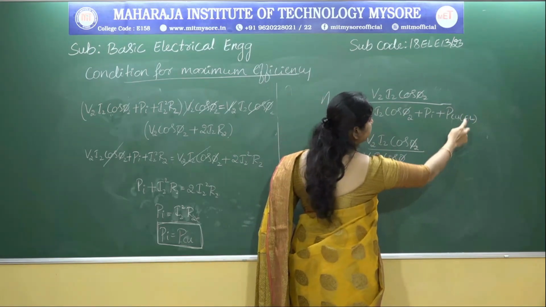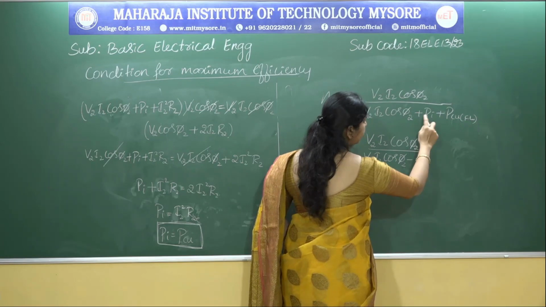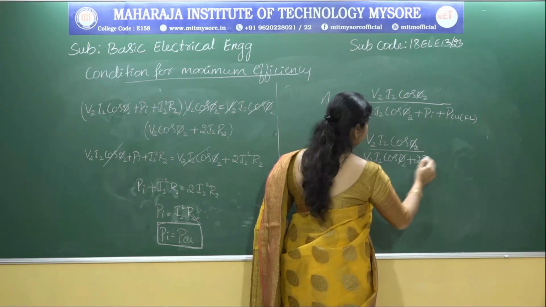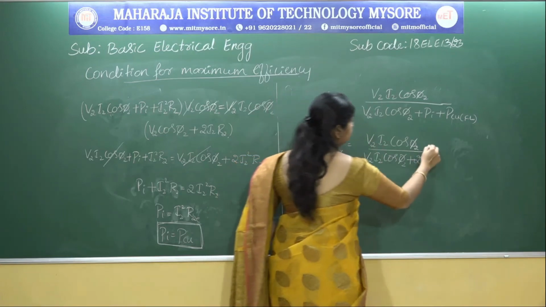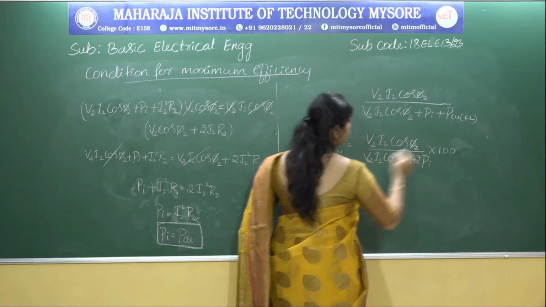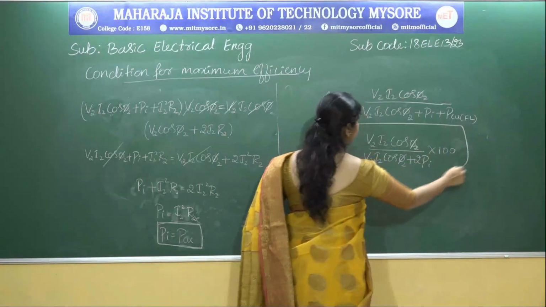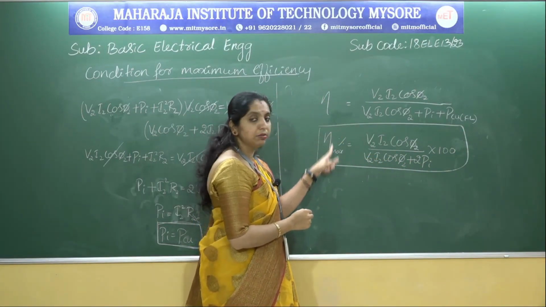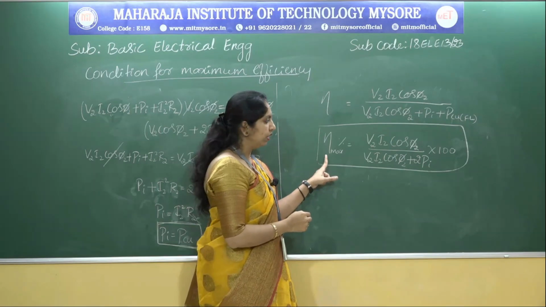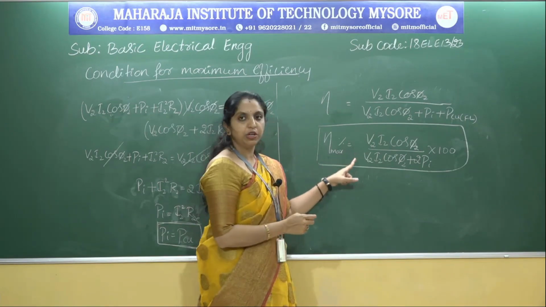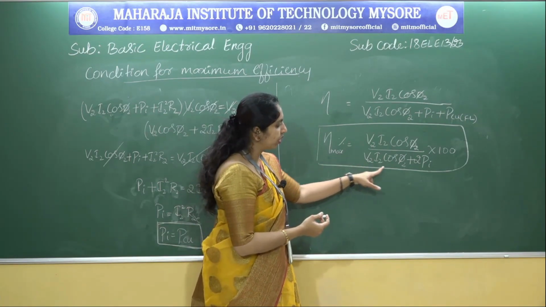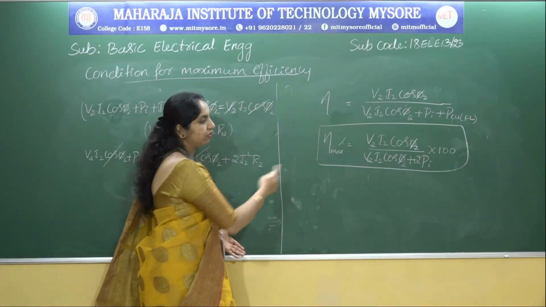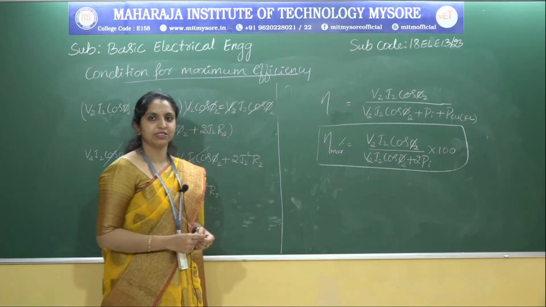So if I just replace this PCU by Pi, we get Pi plus Pi, which can be written as 2 into Pi. In terms of percentage it should be multiplied with 100. So what is this equation called? This is the equation of the maximum efficiency, which is equal to V2 I2 cos phi 2 divided by V2 I2 cos phi 2 plus 2 Pi. So based on the condition, we have defined the maximum efficiency.